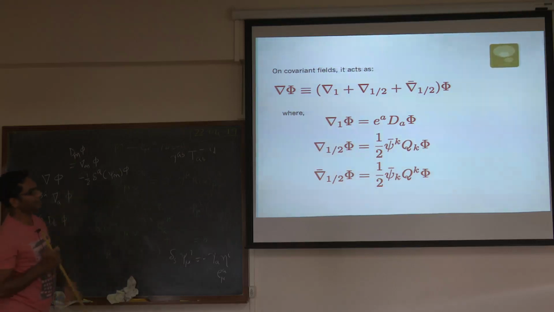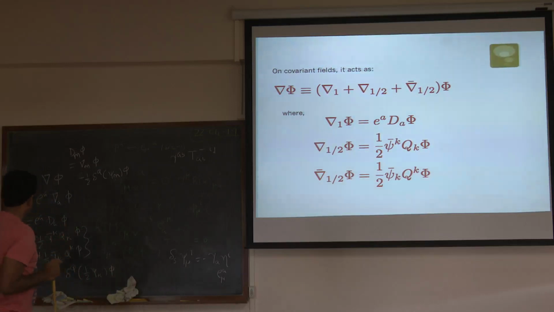So, what is remaining is plus half psi bar_k Q_k phi plus half psi bar_k Q_k phi. Q_k is the generator of supersymmetry transformation. So, these two terms are nothing but delta_Q with the parameter replaced by half psi_k acting on phi.